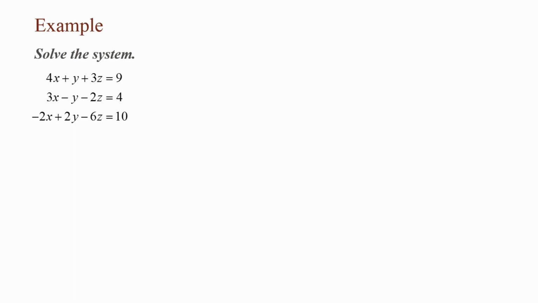In this example, solve the system 4x plus y plus 3z equals 9, 3x minus y minus 2z equals 4, negative 2x plus 2y minus 6z equals 10. Looking at my x, y, and z, I need to choose one of the variables to eliminate.